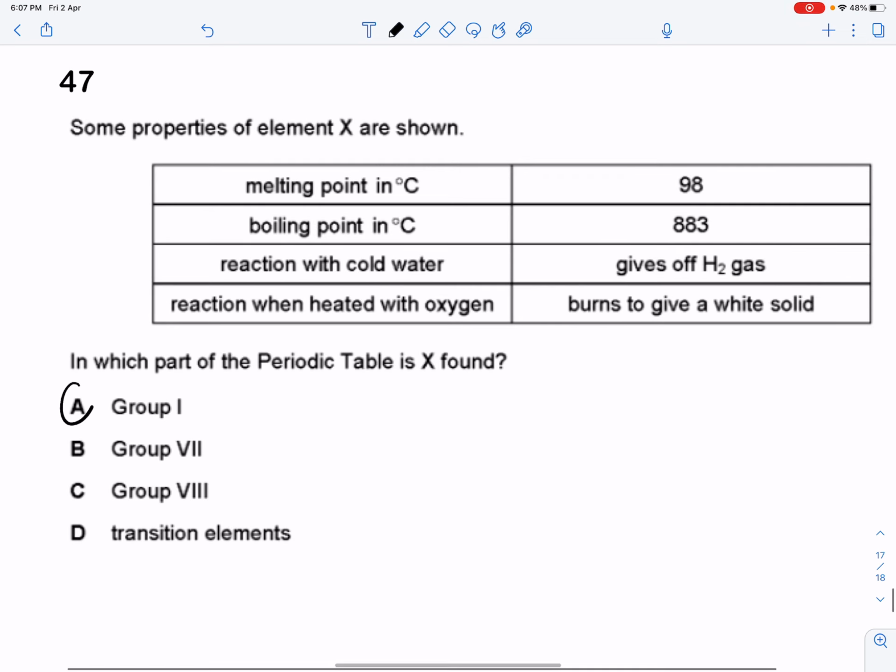So A, group 1, because nothing else gives off hydrogen gas when it reacts with cold water. In fact, not many other things. Some of the group 2s do react with cold water, but not many. You usually have to warm the water up a little bit. It's definitely not a group 7. It's definitely not a group 8. And it's not a transition element because white solid. It would be coloured if it was a transition element.